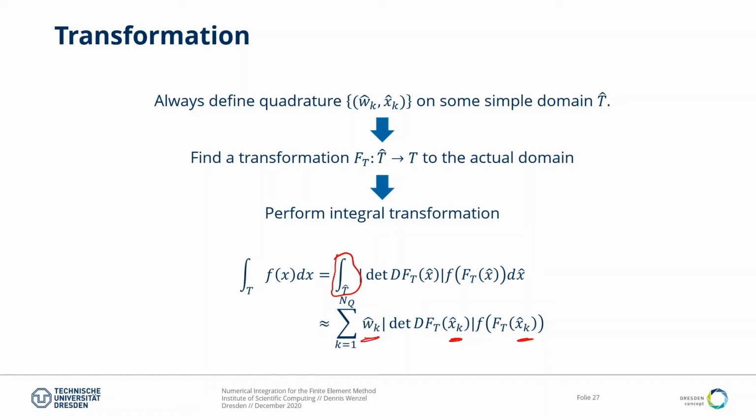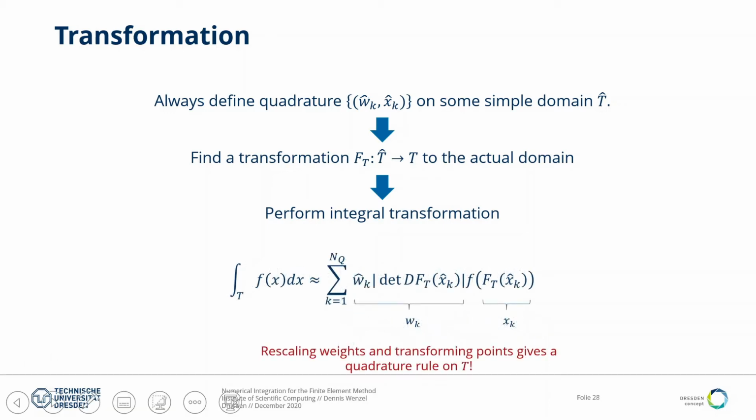And that gives me a numerical integration scheme on my original domain T. Because I can always say that, if I have an integral on some cell or on some domain T, which can be transformed to the domain T hat where I have my quadrature rule, then I can always go that way. So that's always the same procedure. Transform the integral to that domain where you have the quadrature scheme and then apply that scheme there.